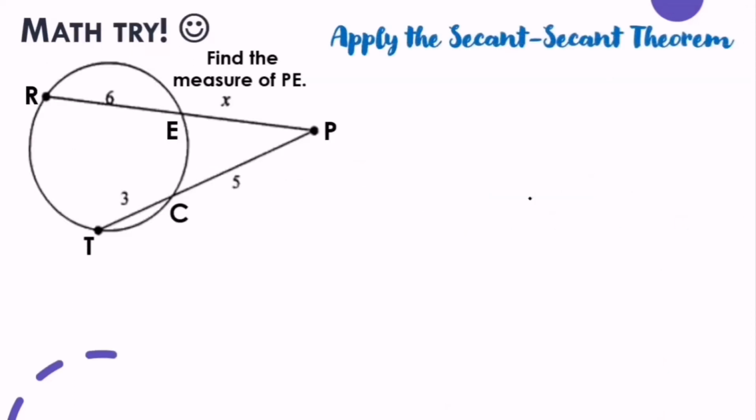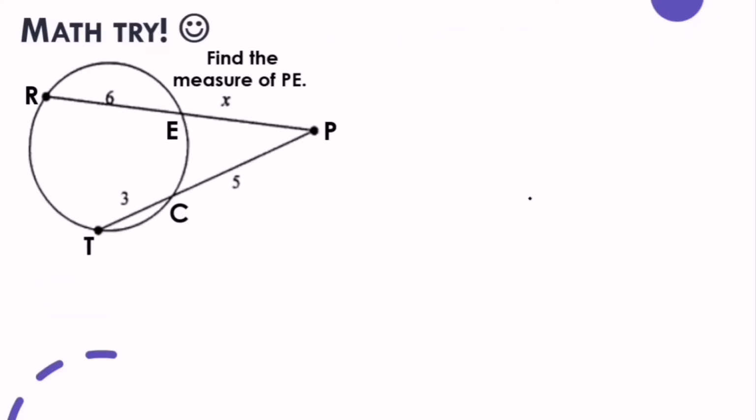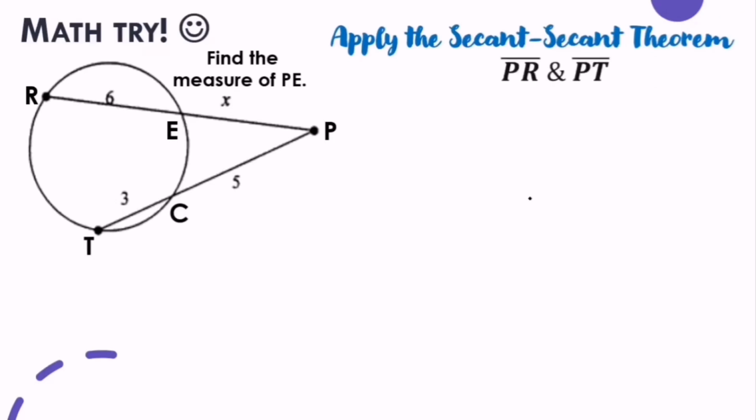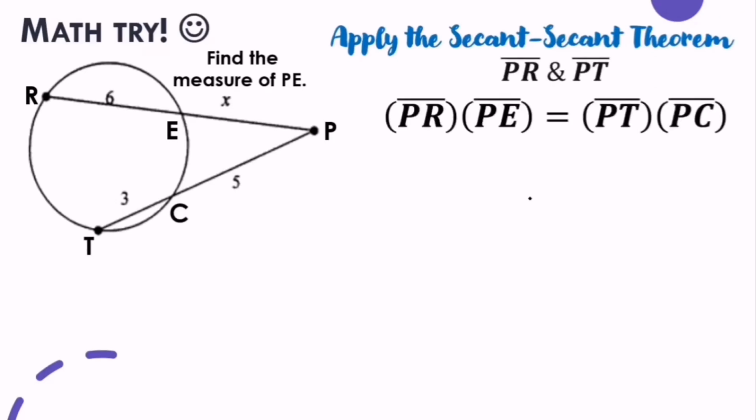Apply the secant-secant theorem. So, for this case, starting from the secant segments, which are segment PR and segment PT, yung isang segment, ano yung binubuo niya? Yung isang buong segment PR times yung external na si segment PE. Okay?